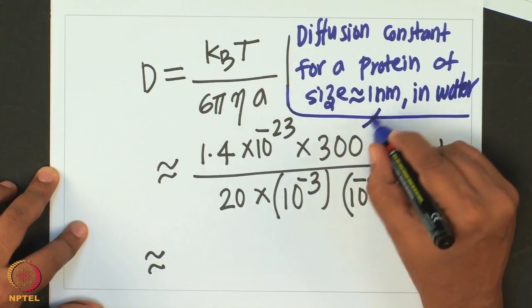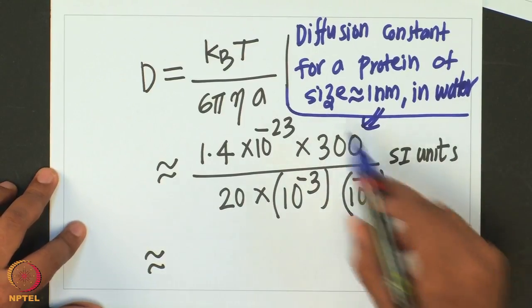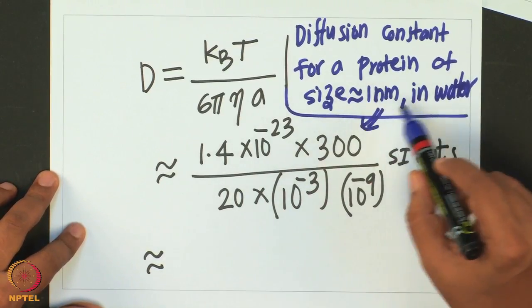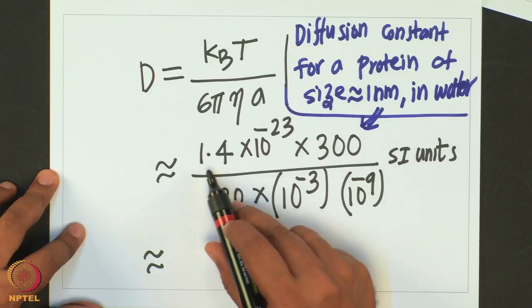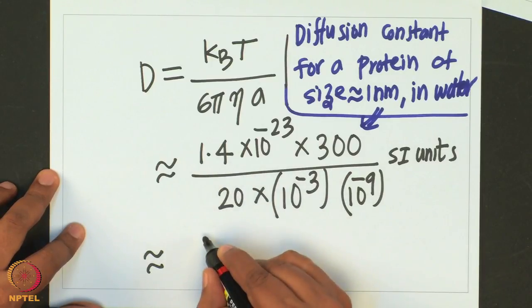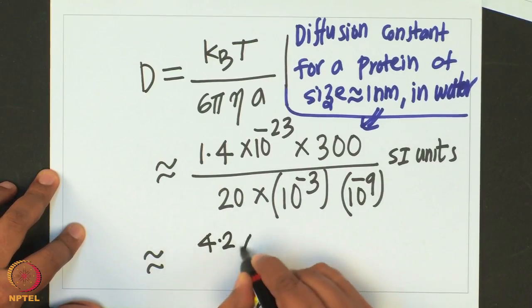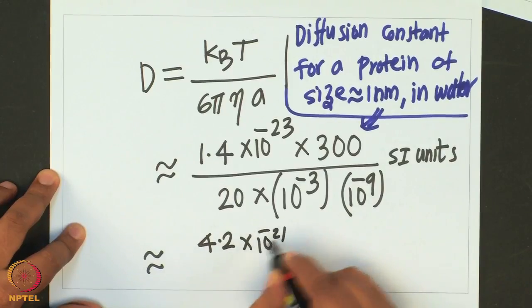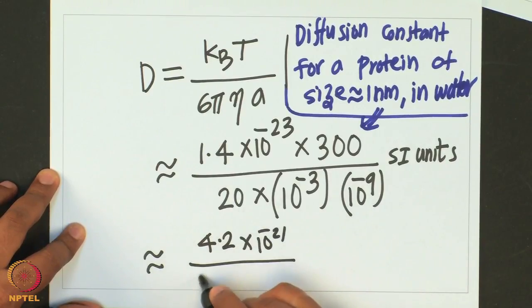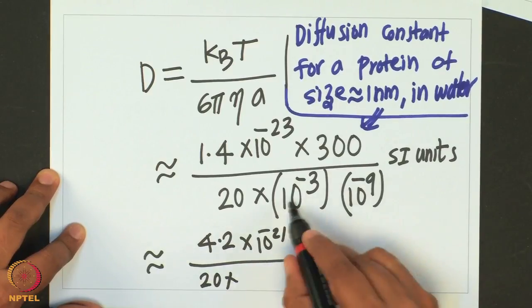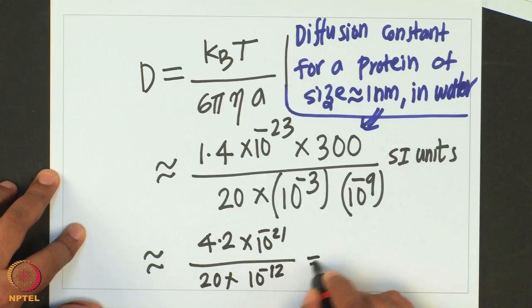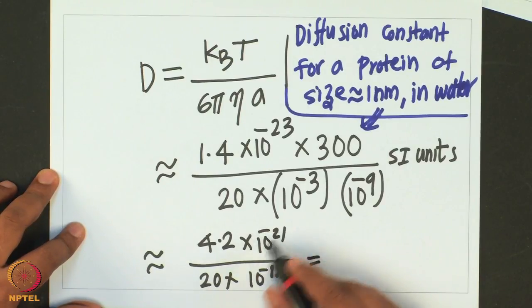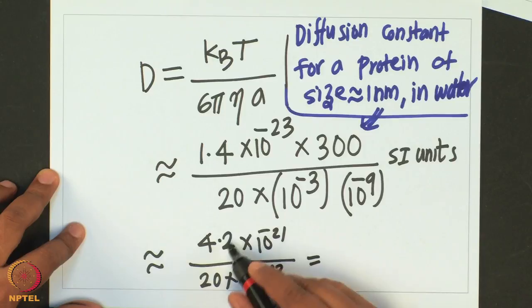That is what we are calculating here. So, if I substitute here, what I would get is that 3 into 1.4 is like 4.2 into 10 power minus 21, divided by 20 times 10 power minus 12, this is 9 and there is a 20 here.